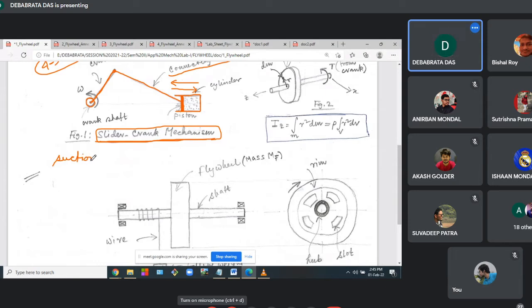Suction means this piston moves from this end to the other, and while going so, it draws in a mixture of petrol and air. Then again it moves to the other end, that is compression.